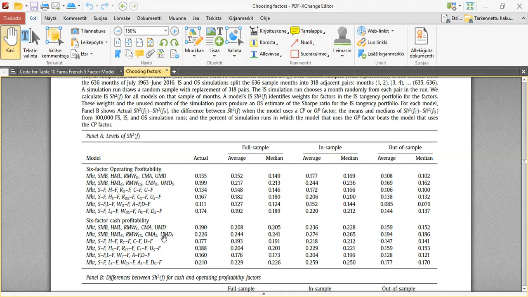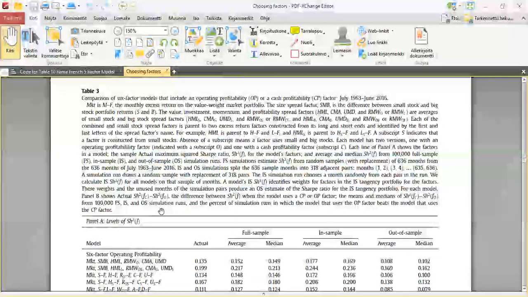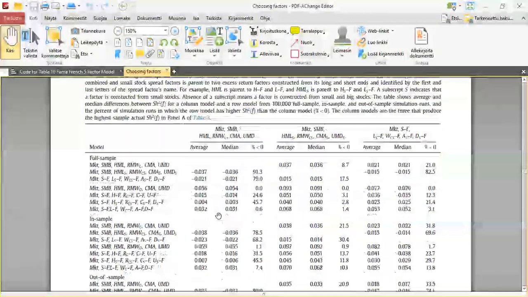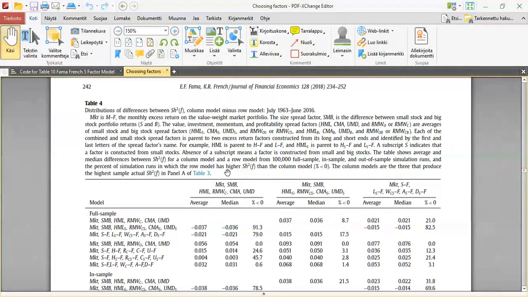So this is basically the takeaway, the important finding from table 3 of this paper. If we now move on to table 4, the table is entitled Distributions of Differences Between the Maximum Squared Sharpe Ratios, Column Model minus Row Model.